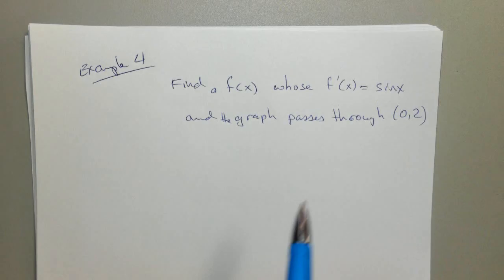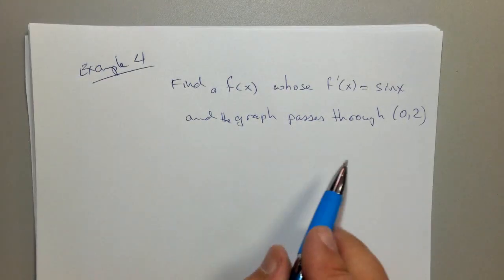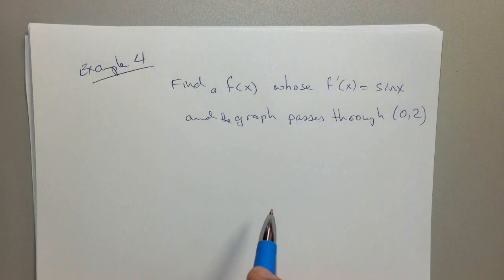Function f of x whose first derivative is sine x and the graph passes through (0, 2). Use corollary 2.